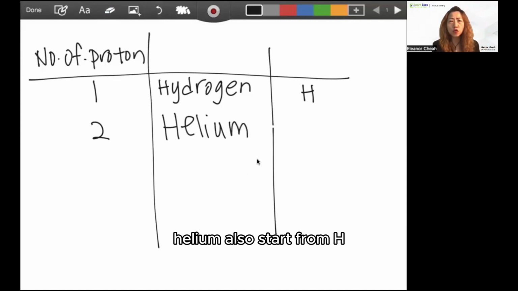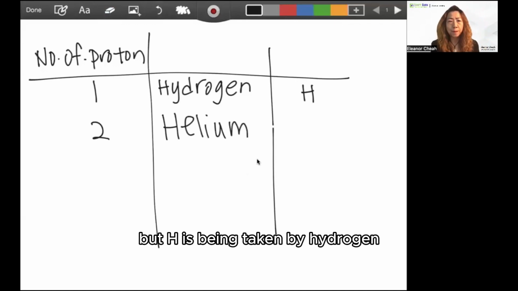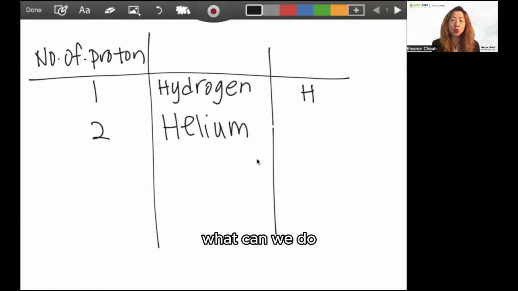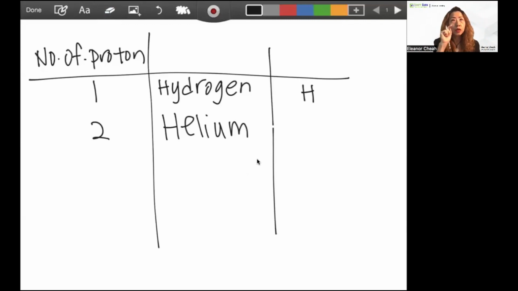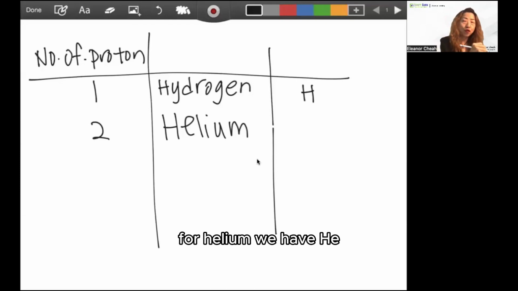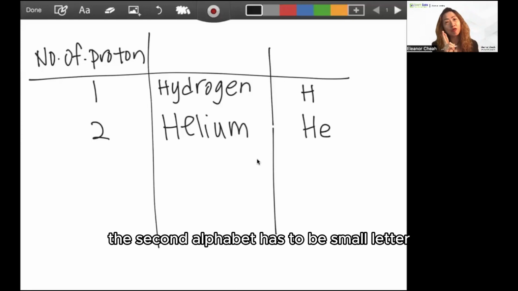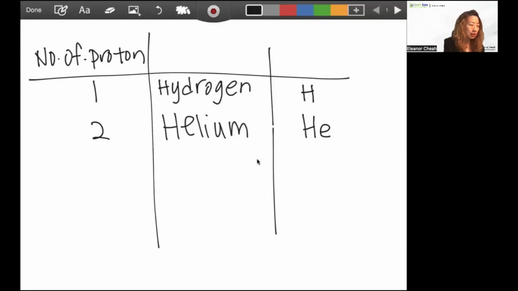So helium also starts from H, but H is being taken by hydrogen. What can we do? We can add 1 more letter to the symbol. So for helium, we have H, E. The second alphabet has to be a small letter.